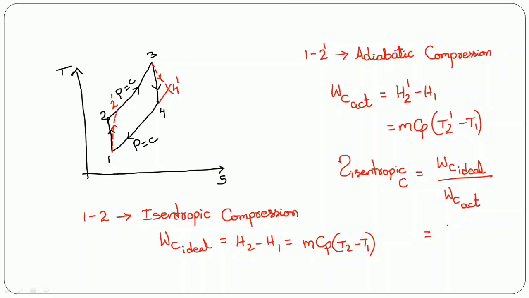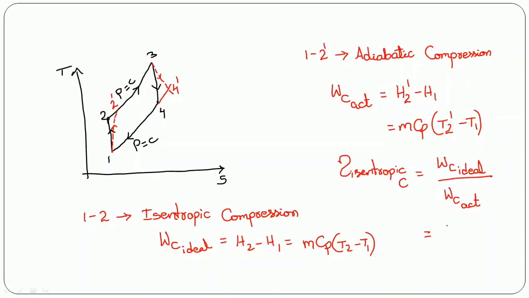Because of that, the work that is consumed by the compressor of the refrigerator will be higher. So therefore, the actual work consumed by that refrigerator will be more than the company specified things, because the testing of the refrigerator will be done under showroom conditions or under lab conditions, but practically the atmosphere that is available will be different. So that's why the actual work that will be consumed by those compressors will be higher. So that is the reason we are writing ideal by actual here.